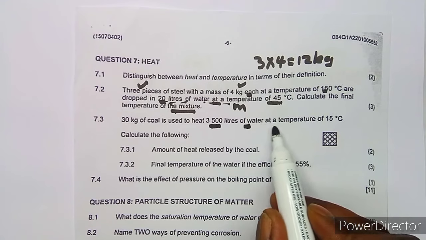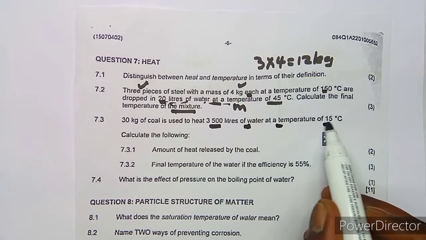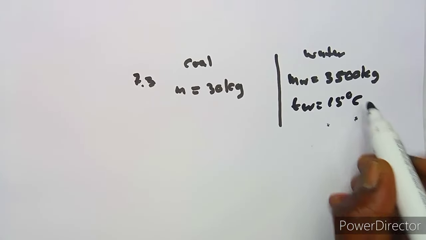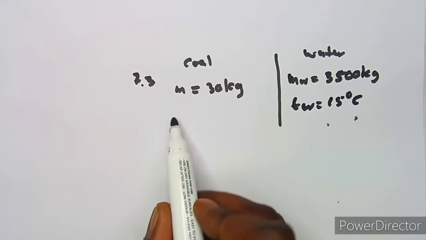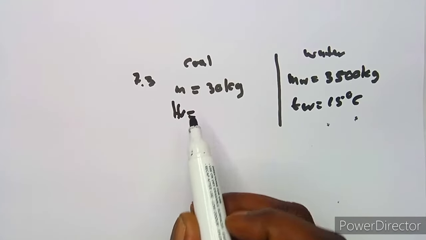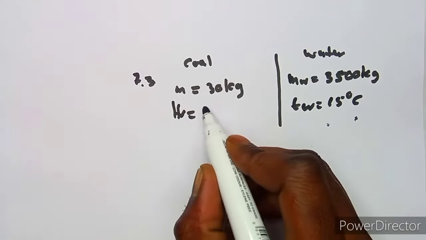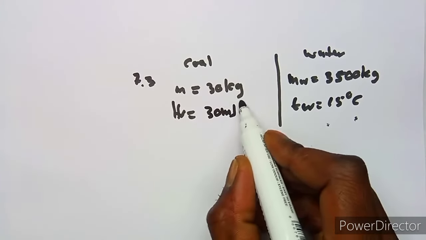Then we are given that at a temperature of 15 degrees Celsius, so this is the temperature of water at 15 degrees Celsius. All right, so on coal, remember we have got the heat value of coal, which is from our formula sheet, which is 30 megajoules. It's actually 30 megajoules per kg.